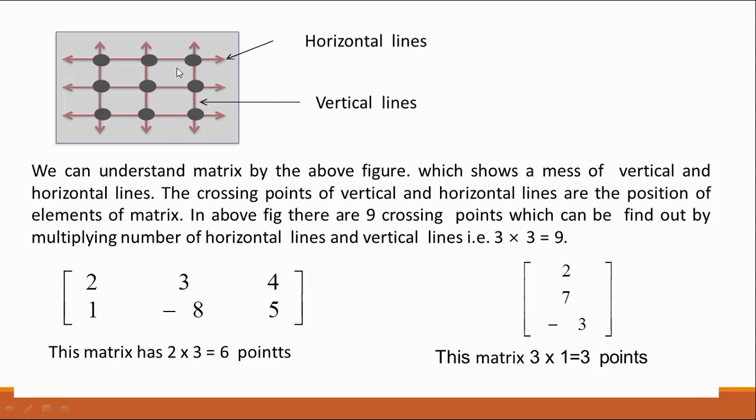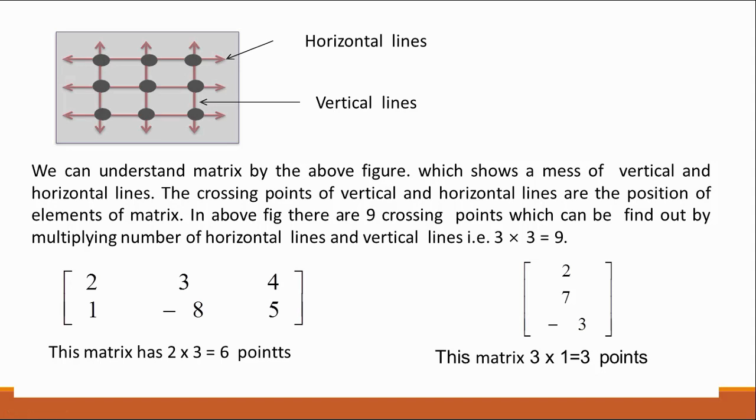Dear student, here you see these are the vertical lines. These vertical lines are called columns, and these are the horizontal lines. These horizontal lines are called rows of the matrix. So if we multiply the number of rows and the number of columns, we can find the number of elements in the matrix.